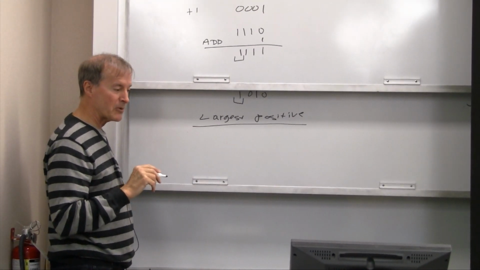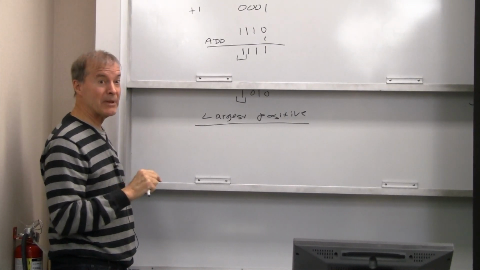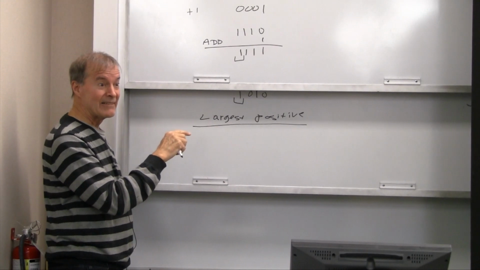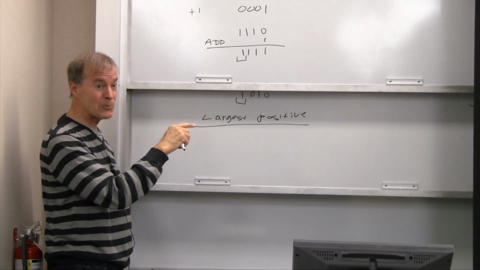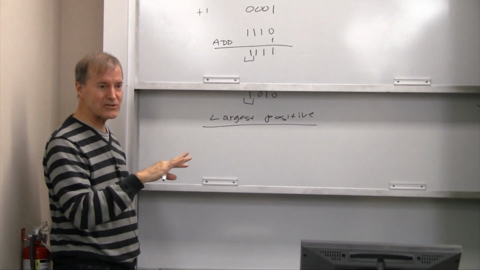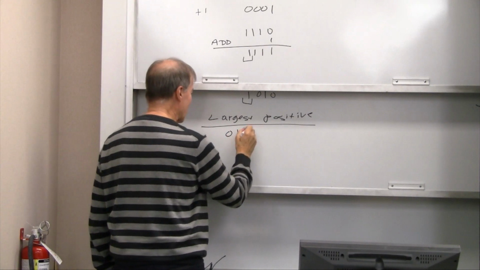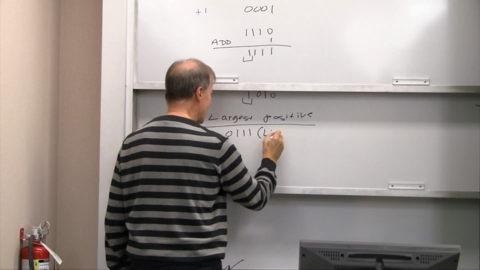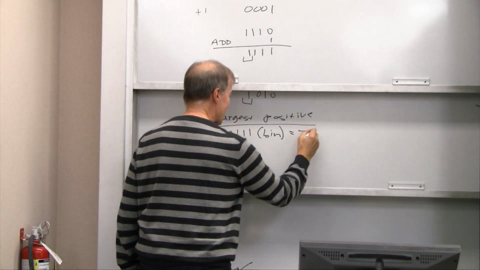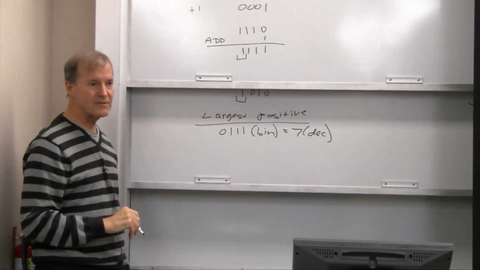Because if it were 1, 1, 1, 1, there would be a 1 in the sign bit, and it would be a negative number. We just calculated it. What is 1, 1, 1, 1? It's -1. So that's not the largest positive. So what's the largest positive? 0, 1, 1, 1. In binary, which is 7 in decimal. So that's the largest. Does everybody see? That's the largest positive.